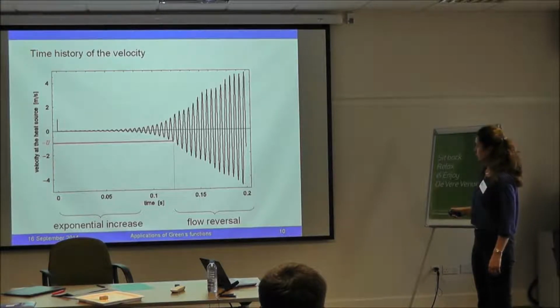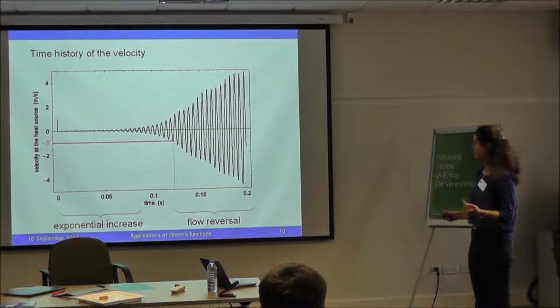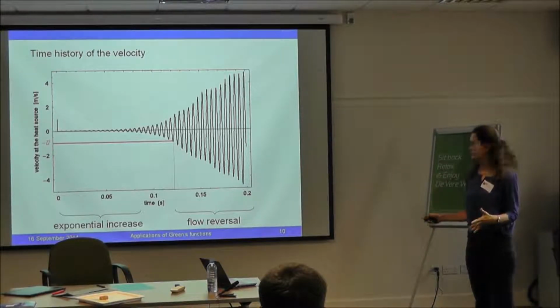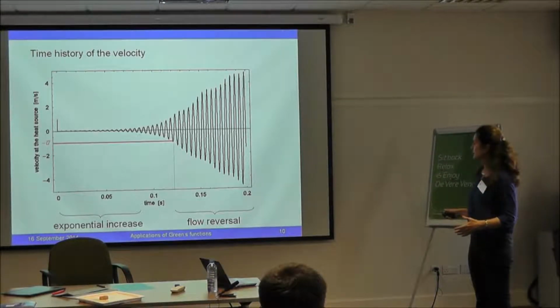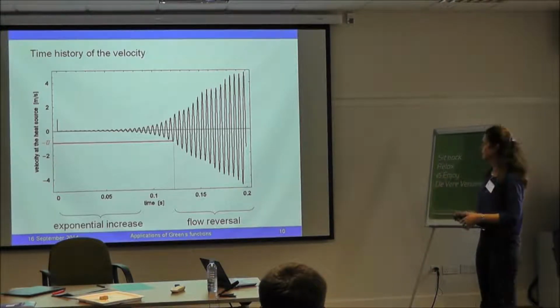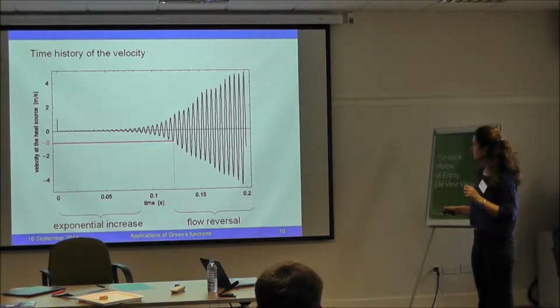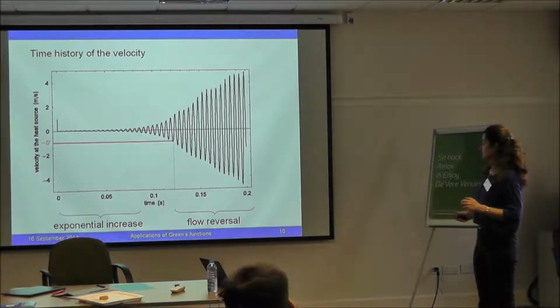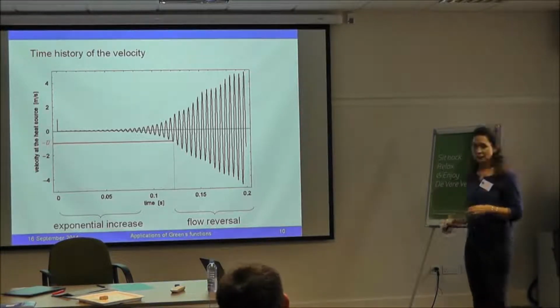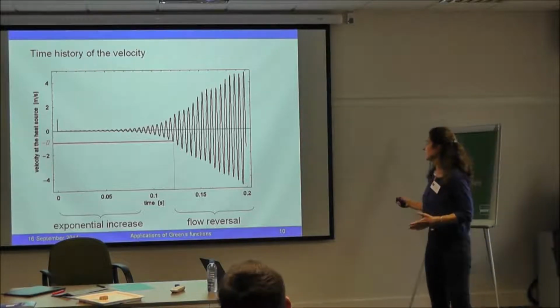At this point, we reach an acoustic velocity amplitude which is equal to the mean flow. So this is where we start getting flow reversal, and then in all subsequent cycles, we get flow reversal for a part of the cycle. And at that stage, the exponential growth breaks down. What does not happen is that it doesn't give a limit cycle. It's a smaller growth, no longer exponential, but it keeps growing.